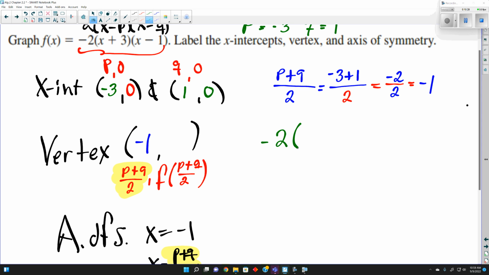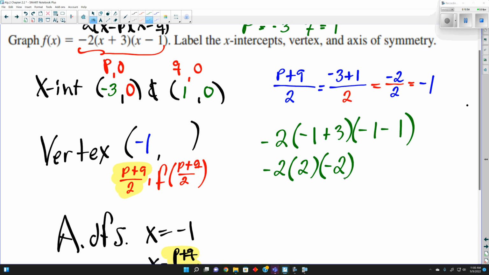2 times -1 plus 3 times -1 minus 1. We're plugging this back into the function. And now all we need to do is to simplify this. So we could type all this in the calculator and do it that way. If we do this by hand, well, -1 plus 3 is 2. -1 minus 1 is -2.